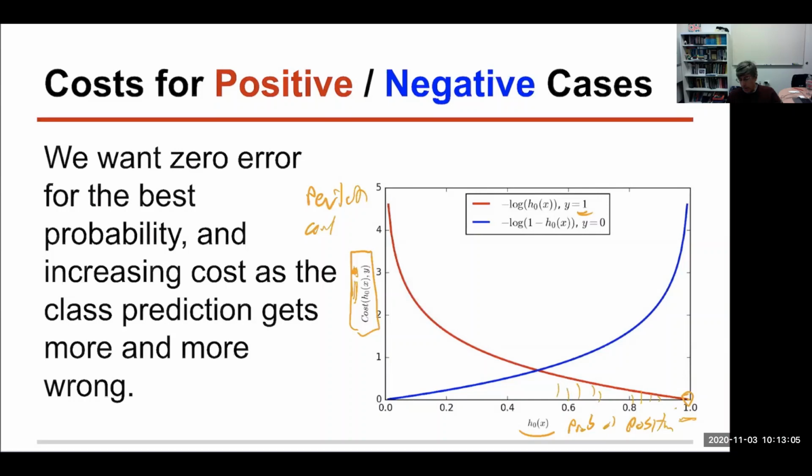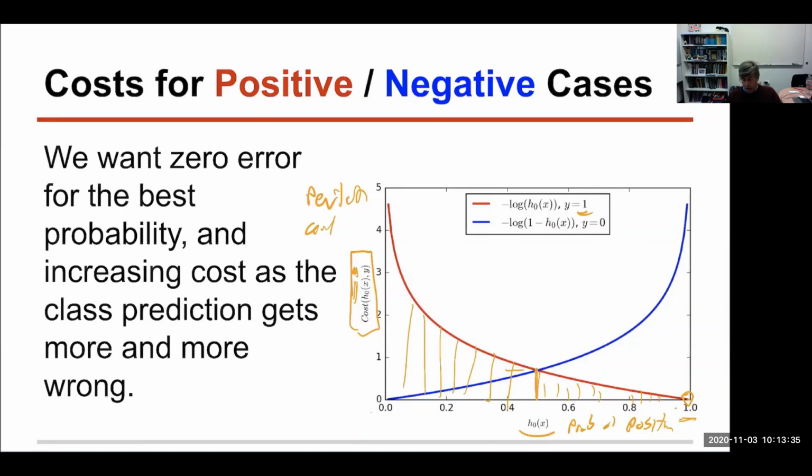The penalty is based on how confident you were. If you said that there was a 50-50 chance of it being positive, and it was positive, you should pay a penalty for that. That's kind of what this function is saying. But on the other hand, when you get it wrong, you should pay an even greater penalty.